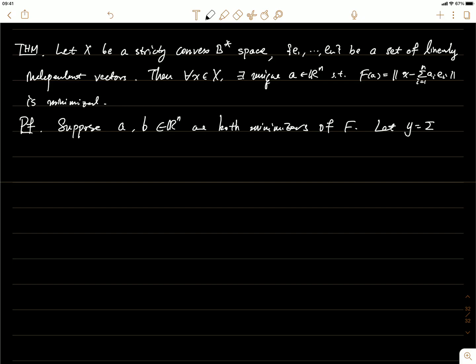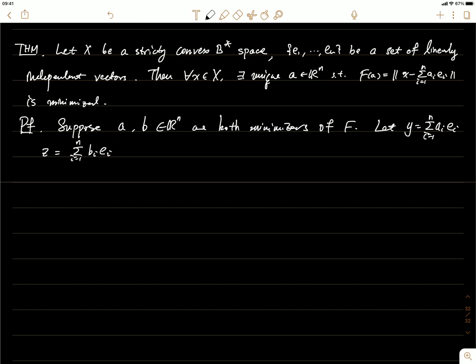One is y, written as the linear combination of the e_i using a_i as the coefficients, the sum from i equals 1 to n. And also I can have z, the linear combination of the e_i using b_i as the coefficients. So that means I find this y and z. They are both points in the span of e1 through en, and they have equal distance to the point x.